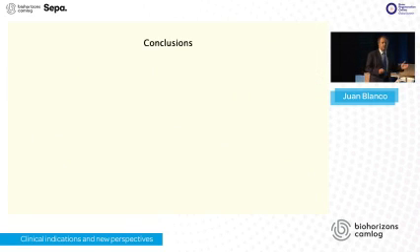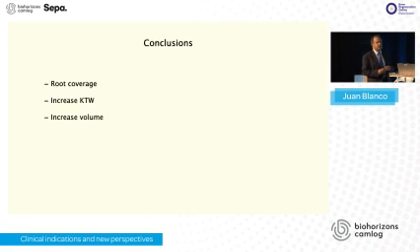So the conclusions are that these biomaterials clearly can be used in easy situations like root coverage, increase keratinized width or height, and also to increase the volume. But also, there are more indications that for sure are not well scientifically demonstrated.